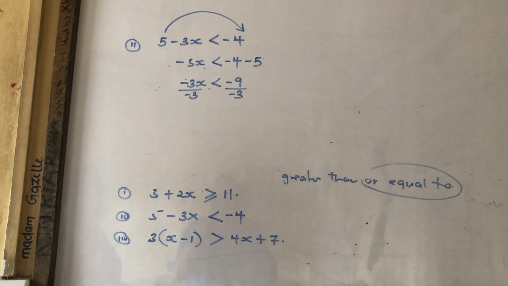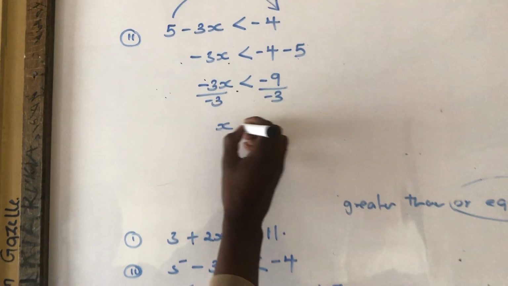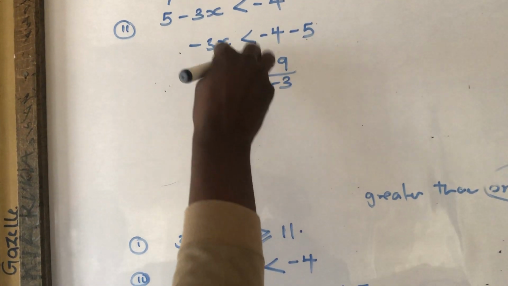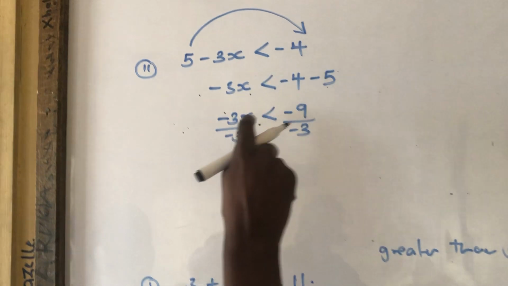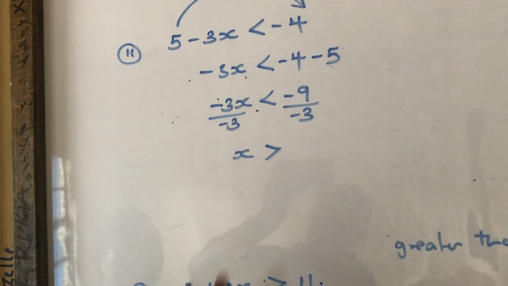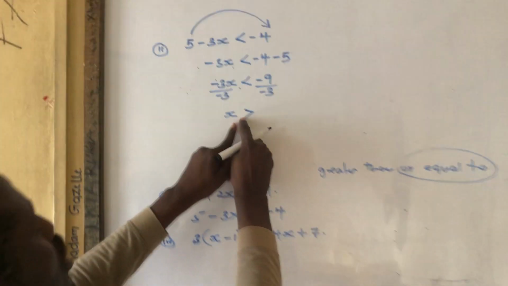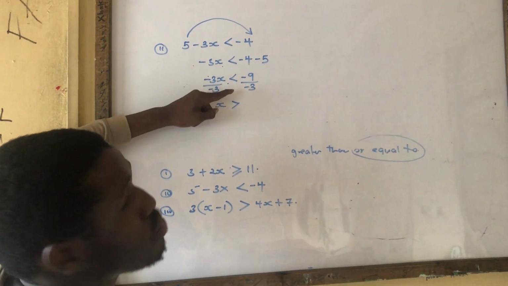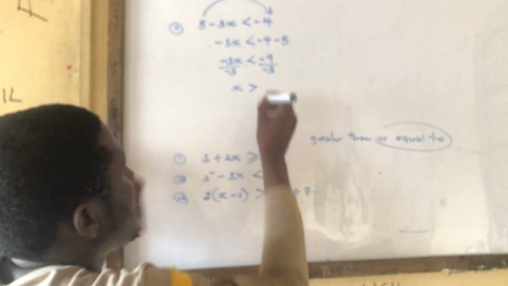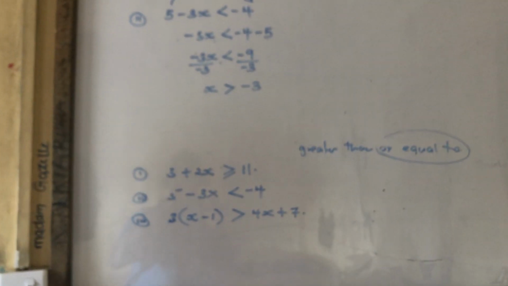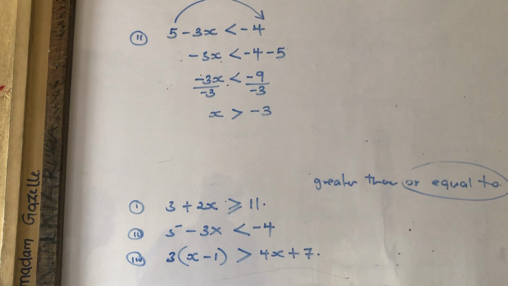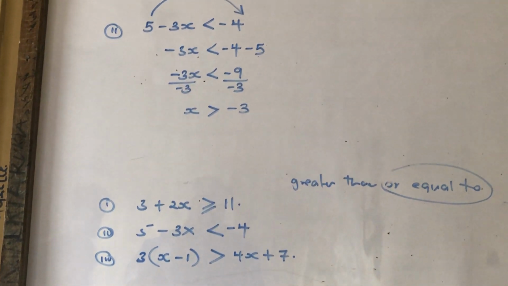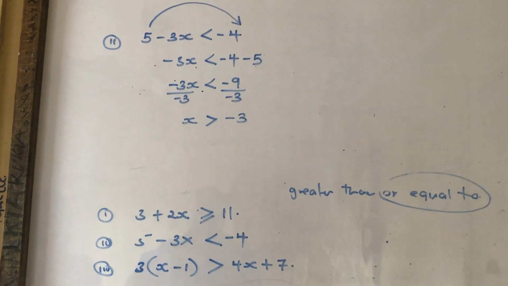Do remember, we mentioned somewhere in our second rule that whenever an inequality is divided by a negative, for this thing to remain mathematically true, the symbol should now change from less than to become greater than negative 3. I hope that is taken note of. The symbol is no longer less than, but now greater than negative 3.